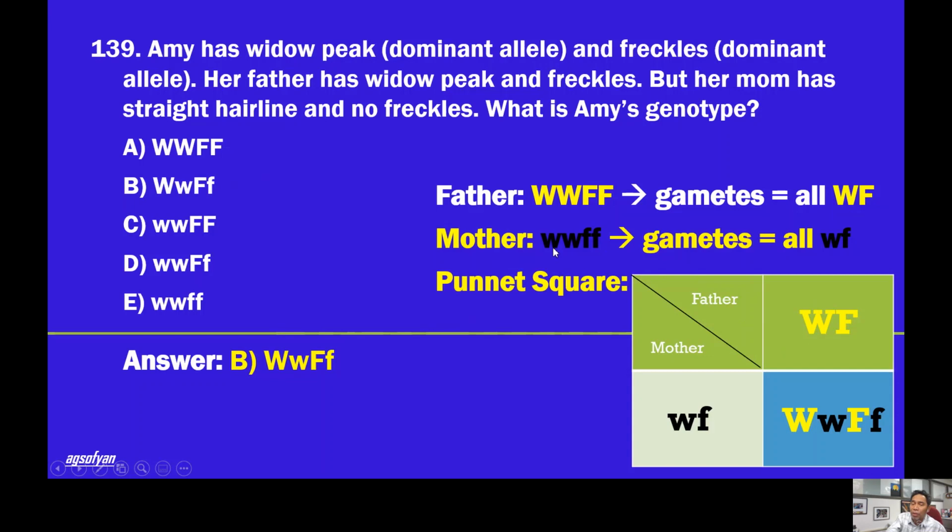And then the mother, because all lowercase, will also produce only one type of gamete, both W and F lowercase. When the father's gamete, which is the sperm, combines with the mother's gamete, which is the egg, it will give Amy's genotype, which is W uppercase with w lowercase, giving the widow's peak, and then F uppercase with f lowercase, which gives Amy the freckled skin.